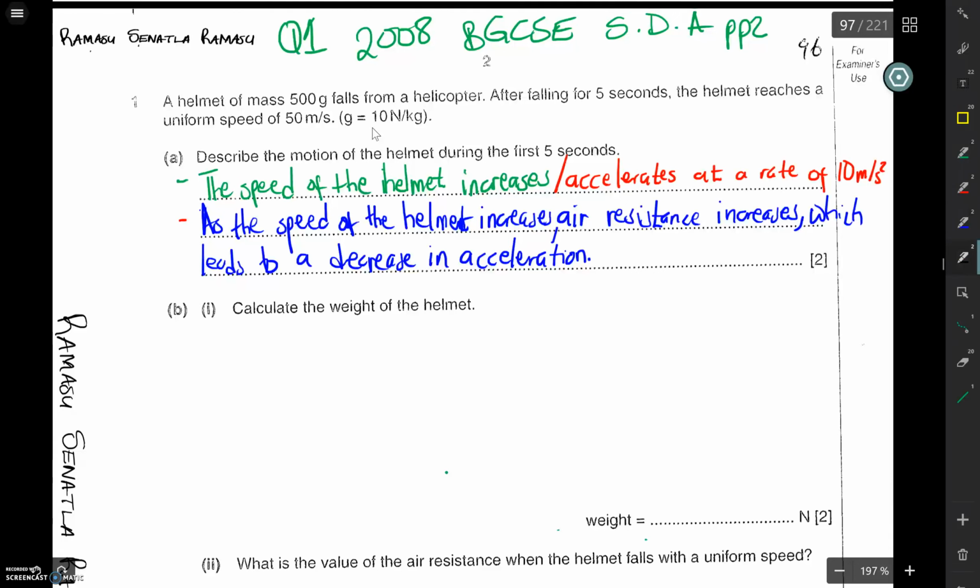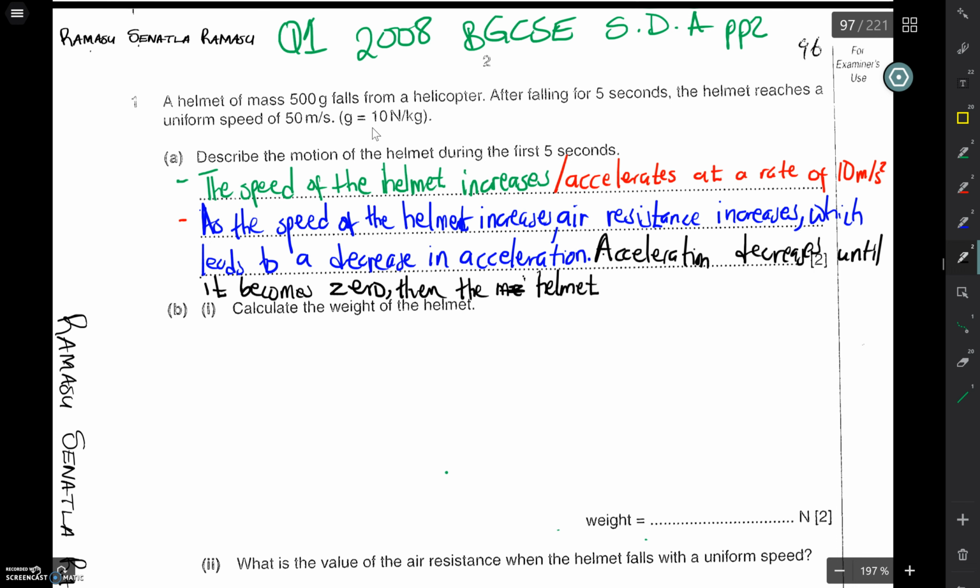Then the other point is that acceleration decreases until it becomes 0. And then the helmet falls with a constant speed.